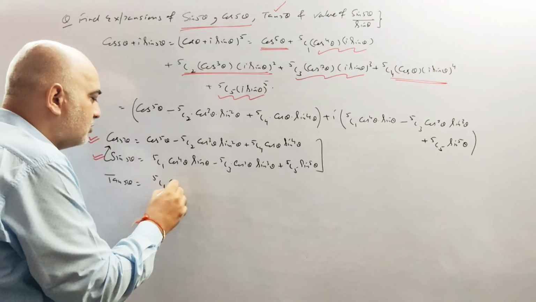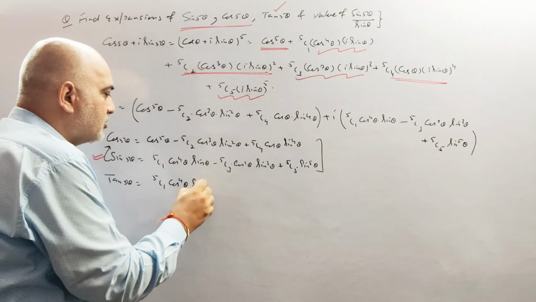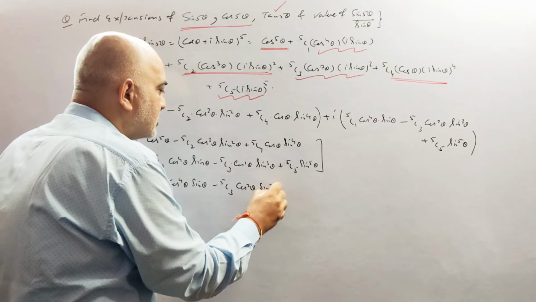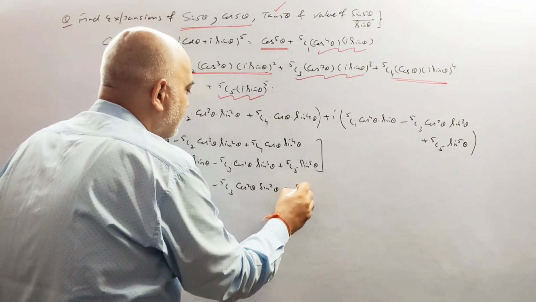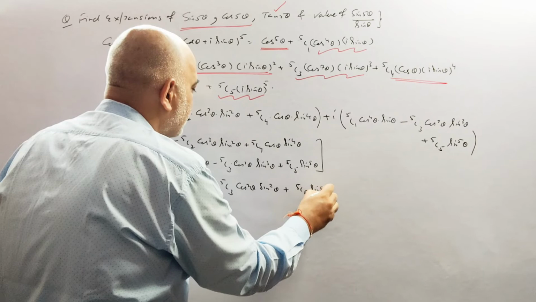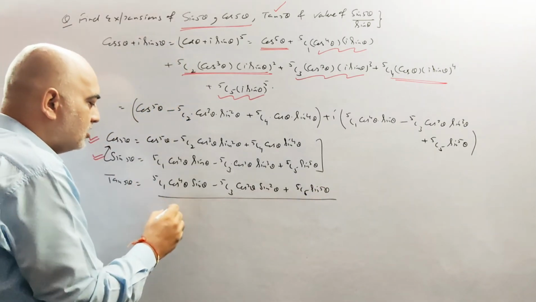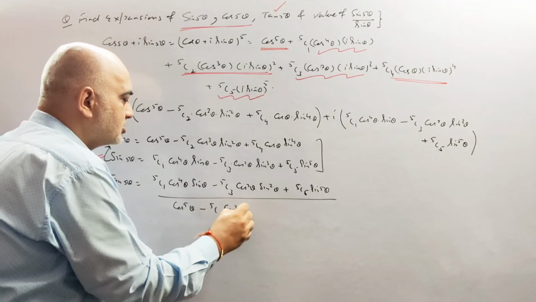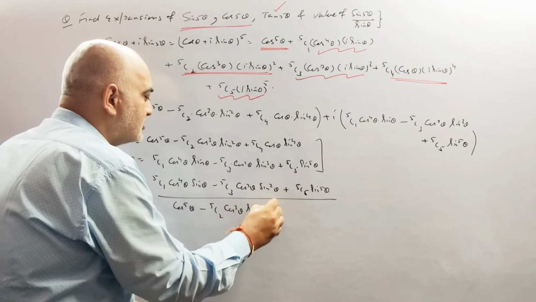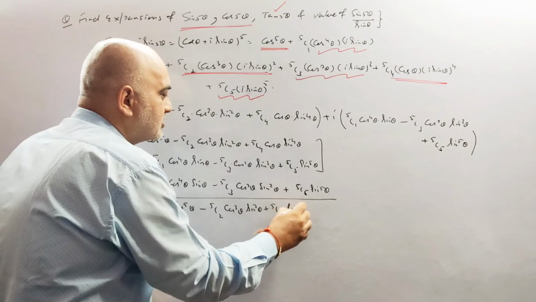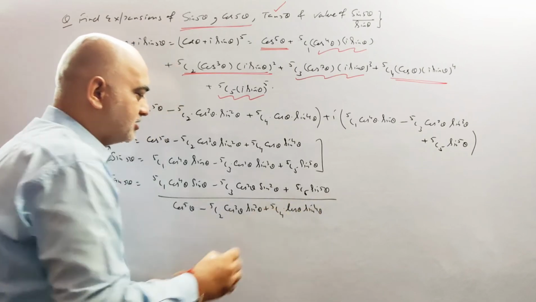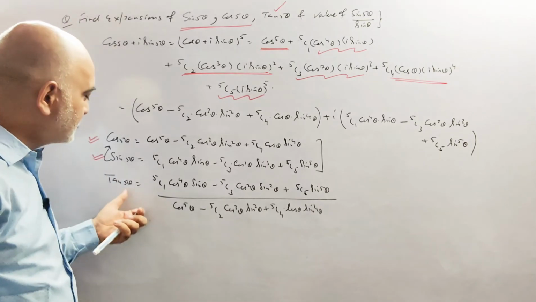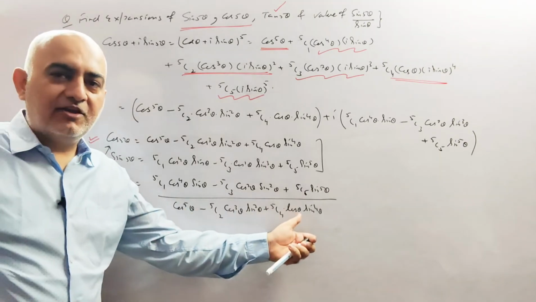So we have 5c1 cos raised to the power 4 theta sine theta, 5c3 cos square theta sine cube theta, 5c5 sine raised to the power 5 theta, divided by cos raised to the power 5 theta, 5c2 cos cube theta sine square theta, 5c4 cos theta sine to the power 4 theta. In this way, we can find the expansion of tangent of 5 theta in terms of sine and cos.